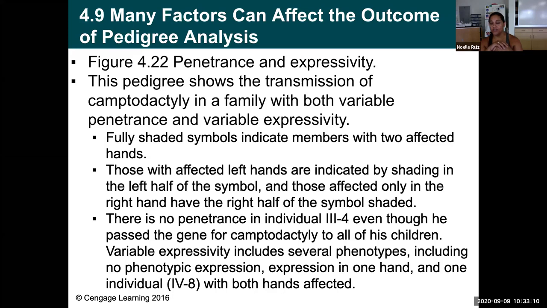Variable expressivity includes several phenotypes, including no phenotypic expression, meaning you can't see it at all on the outside. Expression in one hand or both hands. That's why it's called variable. It's not the same every single time. It's different.